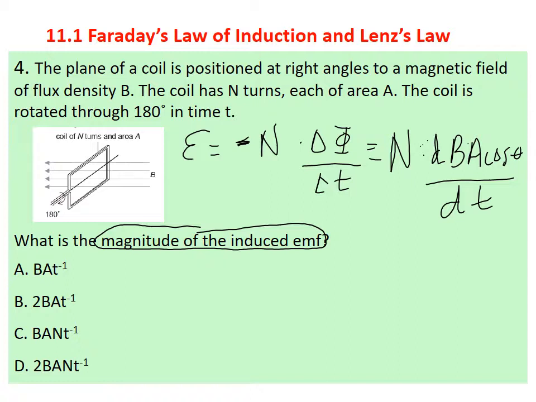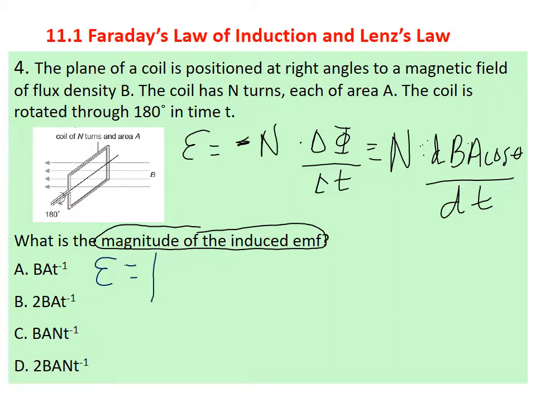I'll take the absolute value of those EMFs and add them up to get the magnitude of the induced EMF. So because I'm looking at something instantaneously, I can drop the change in values and just focus on getting the magnitude of the induced EMF as it rotates 180.